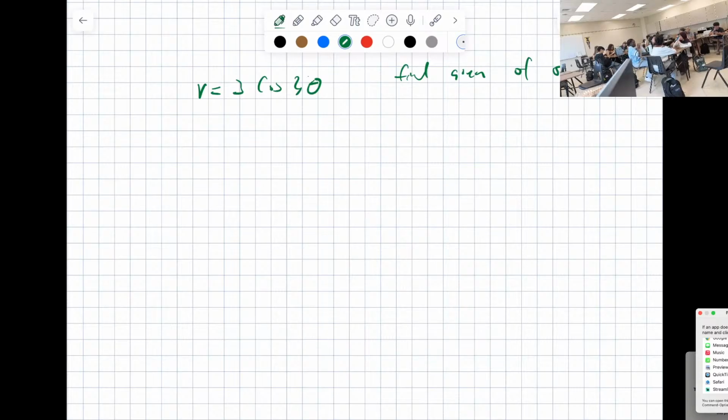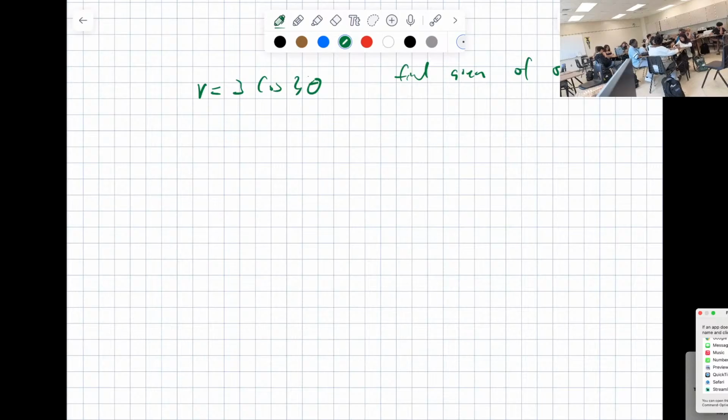What did you get for the bounds? Pi over 6, and then... lightning round. Pi over 2. Yeah, it's one. Okay, so we have three petals. Solve for it. I didn't get it.